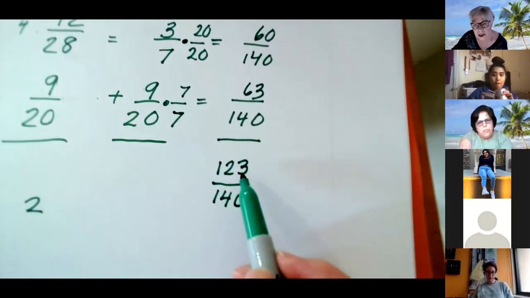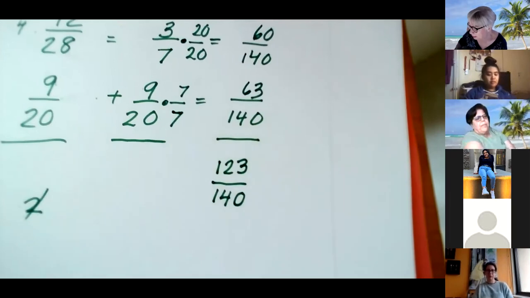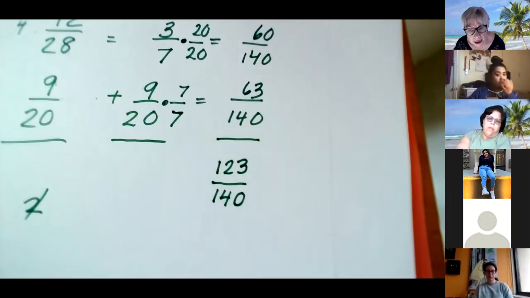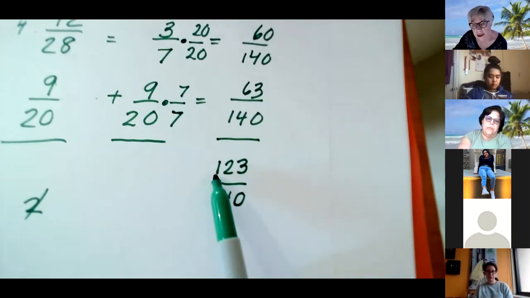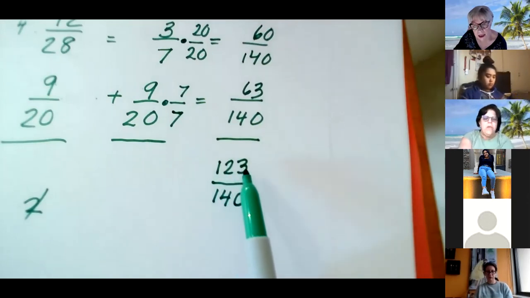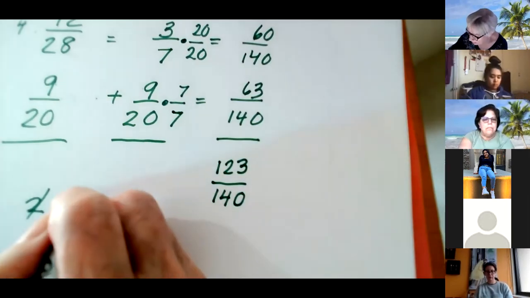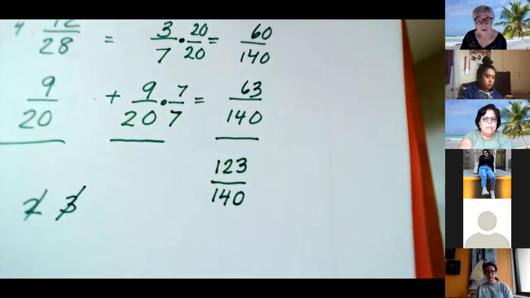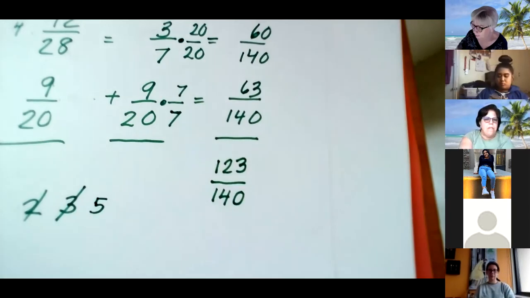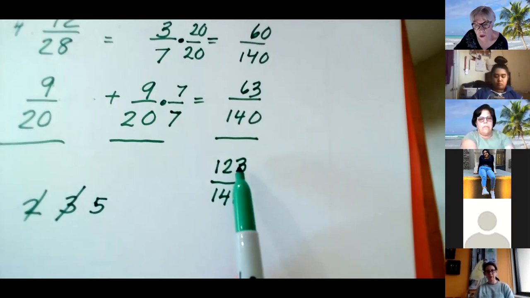Nope, because this one is odd. Can I divide 3 into both numbers? I can divide 3 into this because 1 and 2 is 3 and 3 is 6. I can divide 3 into this, but I can't divide 3 into that. You could do it out if you want to see it's no good. Can I divide 5 into both numbers? 5 will go into 140, but it won't go into this.